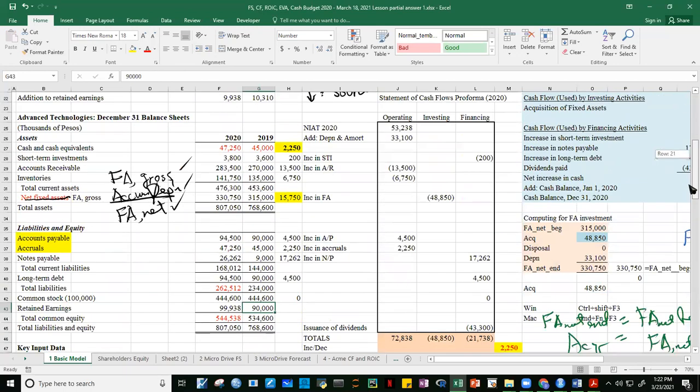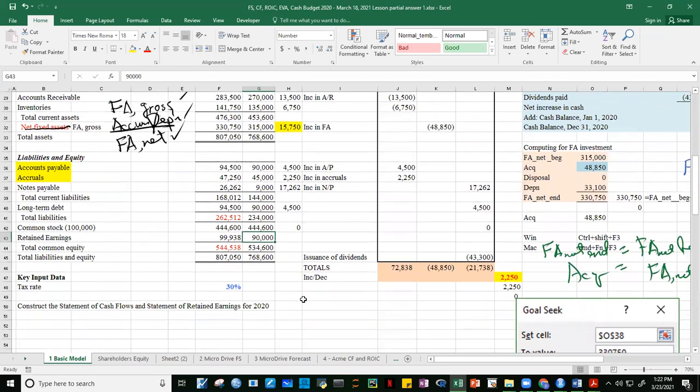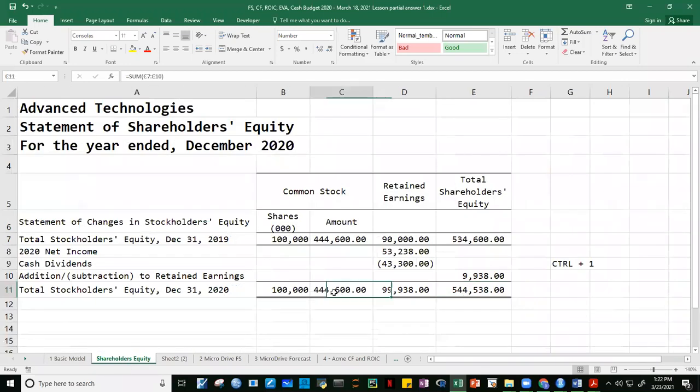Okay. Ito, sorry. So, at the beginning of the year, 444, at December 31, 444, yung common stock, retained earnings 999, total common equity 544,538. So this is exactly the same as this one.